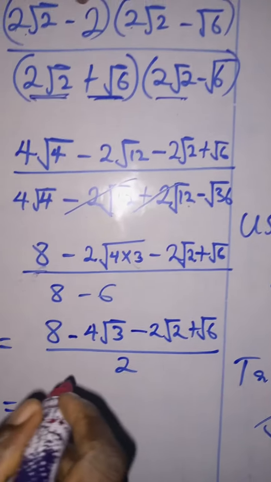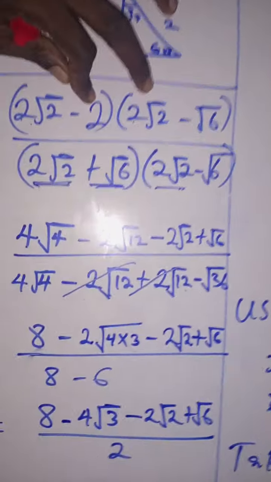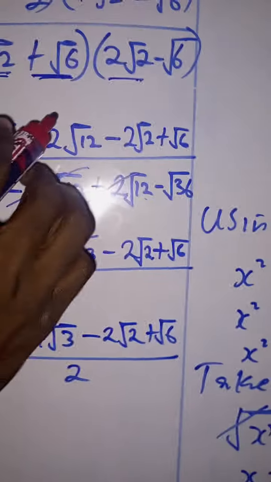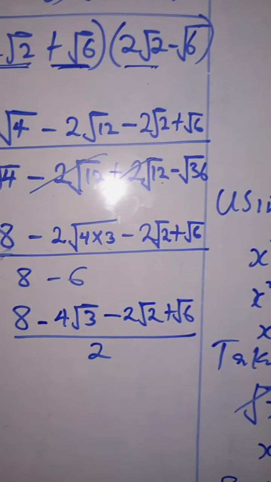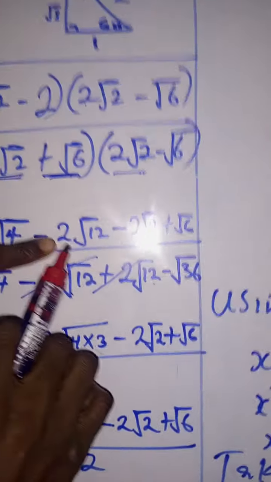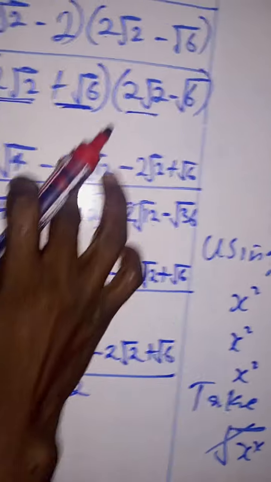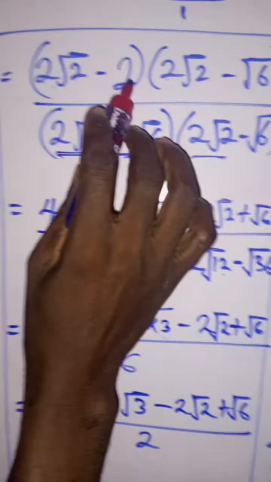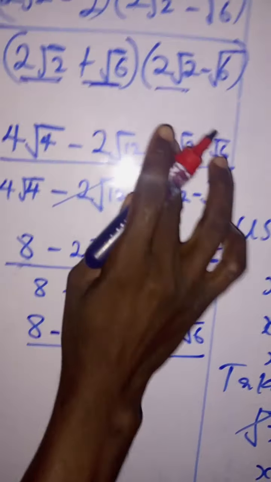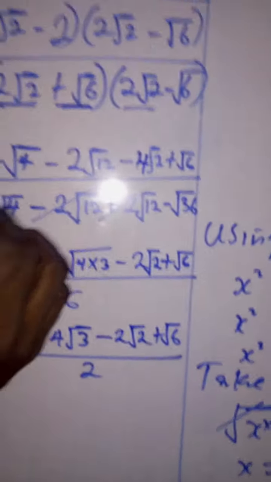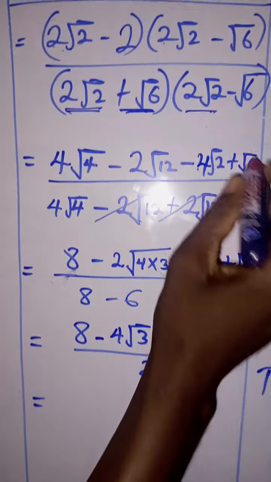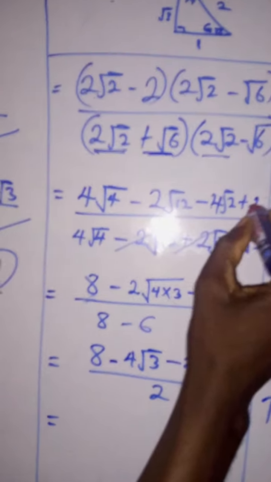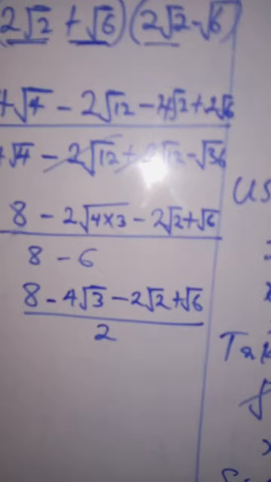So this 2, if we multiply it by this, is giving me 2 times this. When we are expanding here, of course, it's giving me 4, right? So 2 times this is going to be 2 root 6.